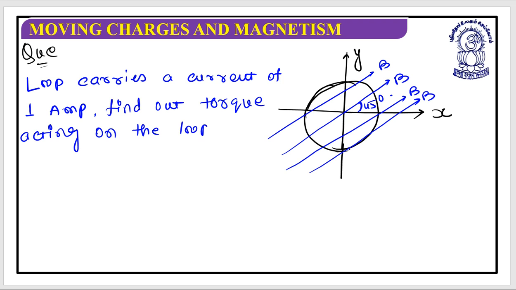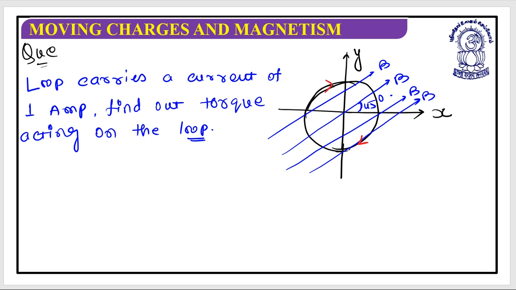This is the requirement. And the direction of current is given. It is clockwise. So how will you do it? How are you supposed to do this? What do you understand from this?